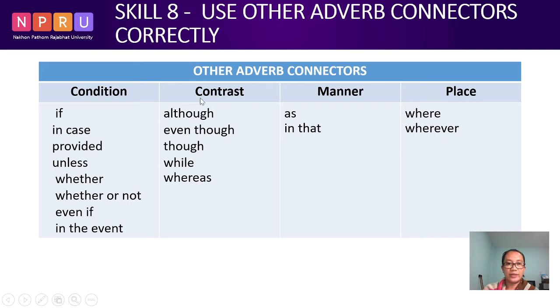And for the contrast, we will use the connectors although, even though, while, whereas. For the manner, other adverb connectors for manner, we can use the connectors as, and in that. For the place, other adverb connectors for the place, we can use where or wherever.